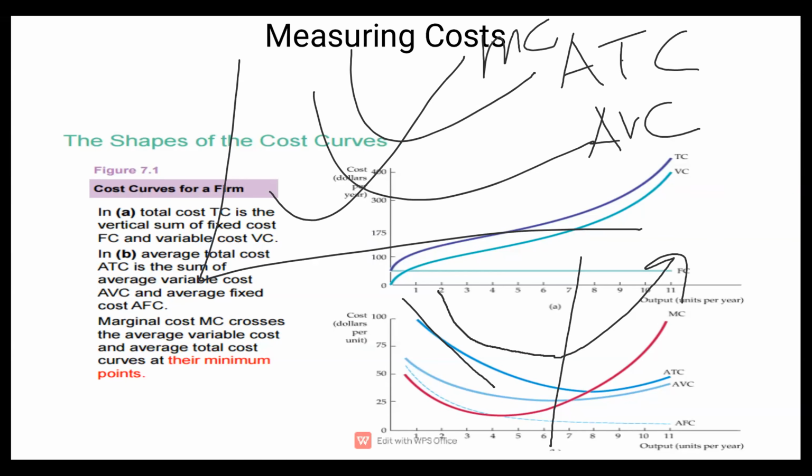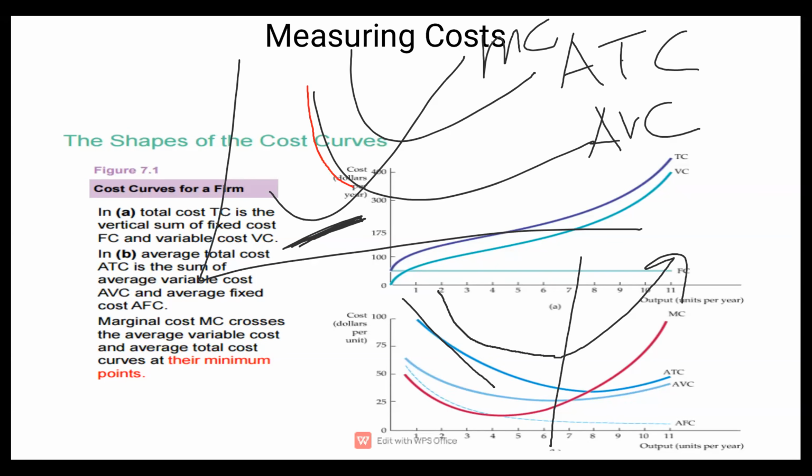That's why the average variable cost is moving downward. It's being pulled.